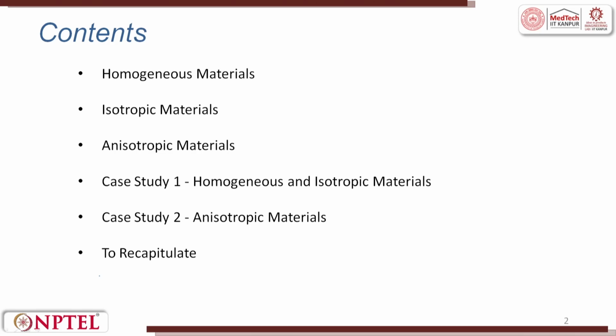Isotropic is uniform, anisotropic is non-uniform, that is all. We will try to see one case study for homogeneous and isotropic material, then a case study on anisotropic material. We will have a recap with 2 examples or do-it-yourself exercises. With that, we will conclude this lecture.